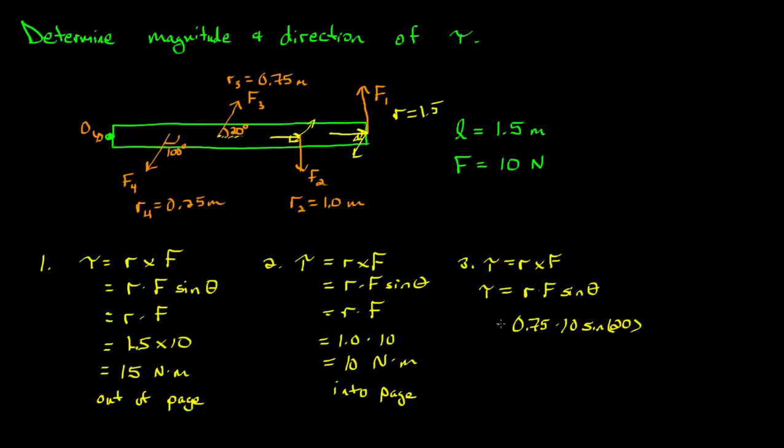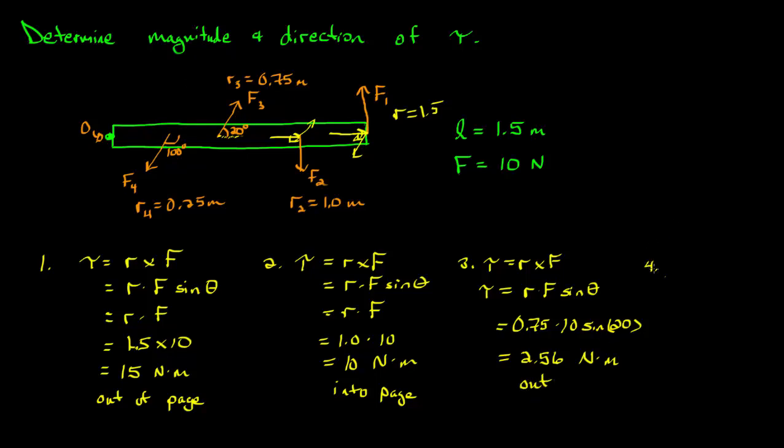Make sure your calculator's in degrees when you do this. And you get 2.56 Newton meters. And since this is going to cause a rotation counterclockwise, following the right-hand rule, this would be out of the page.